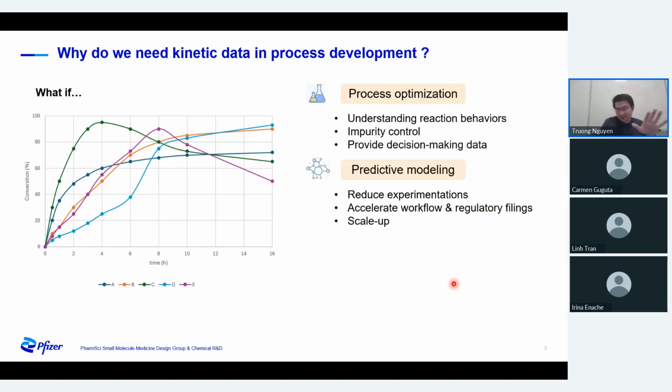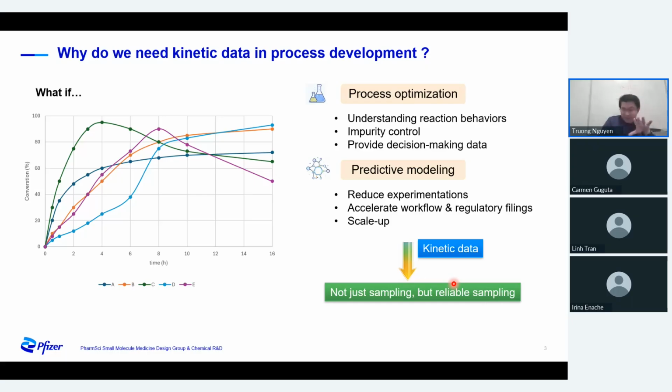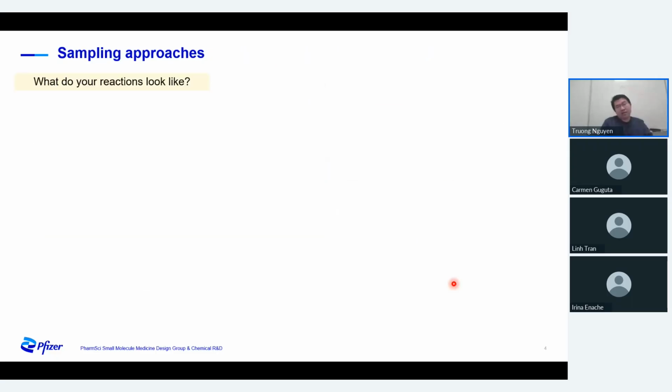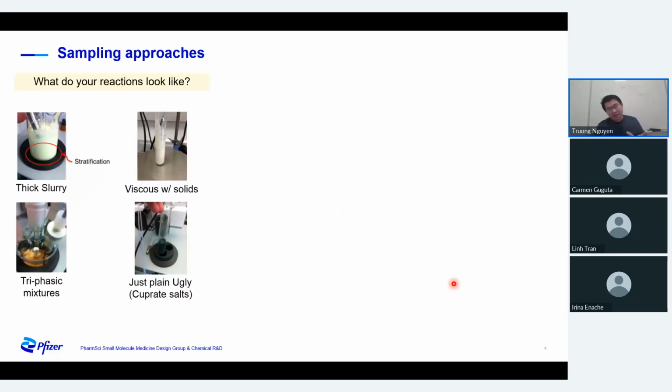To do all of this, we need kinetic data, and we need to know how to do sampling. What I mean is representative, reliable sampling, not just normal sampling. Why do we need reliable sampling? Because physical property is a really challenging issue in reaction conditions.